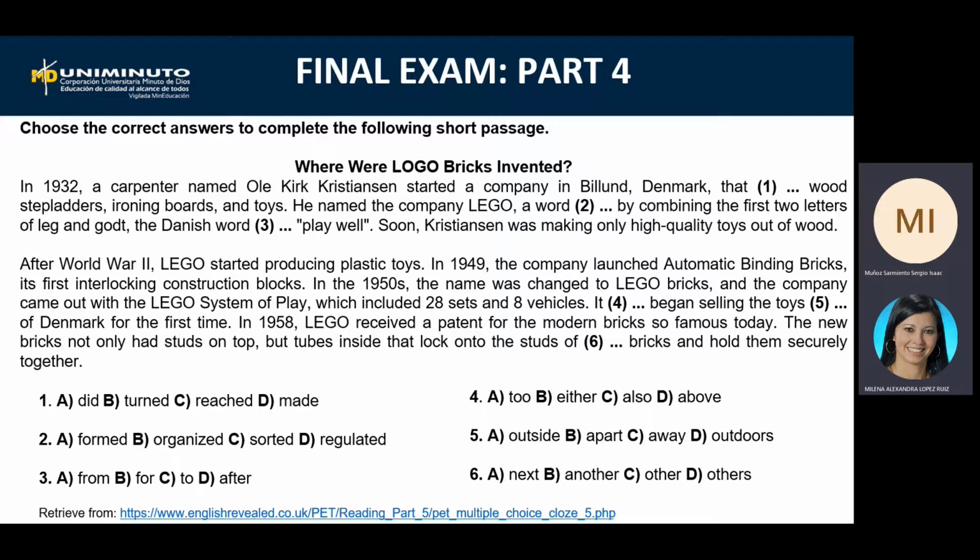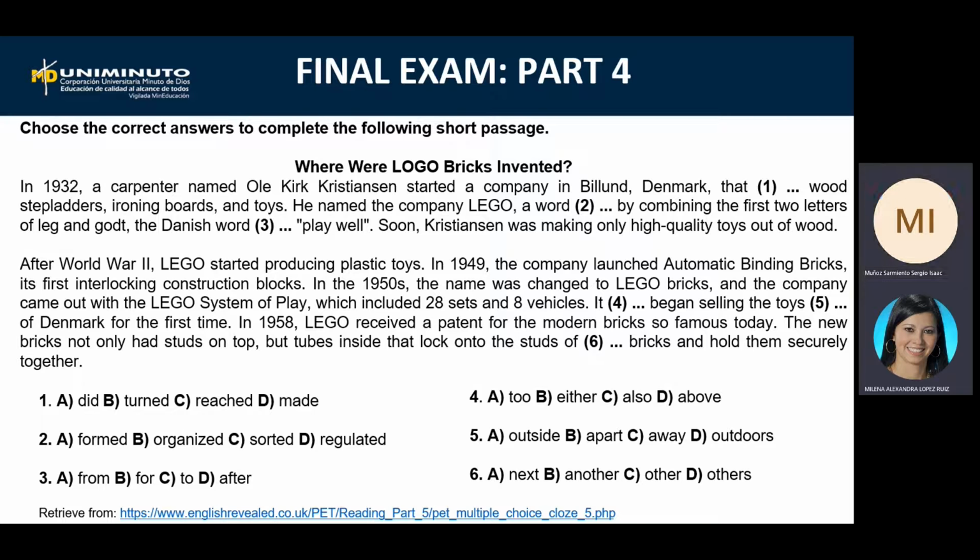But then, after World War II, they changed and started producing toys. How do you say "produciendo"? Yes, producing. Toys. The other choice.